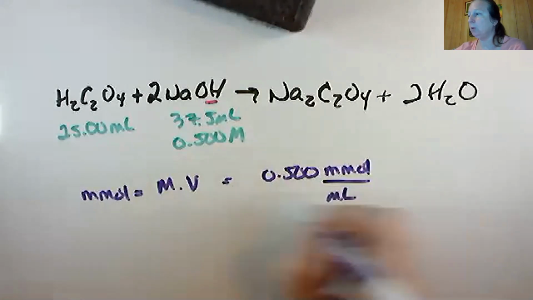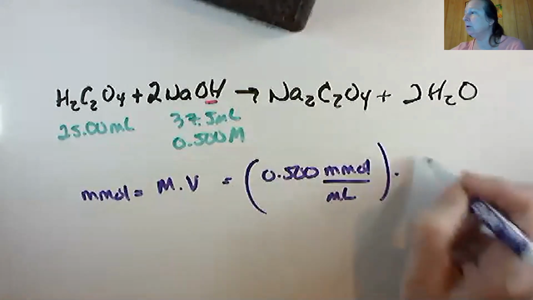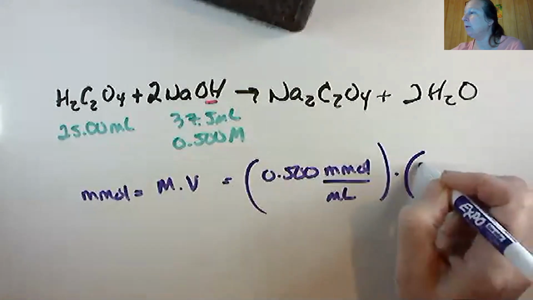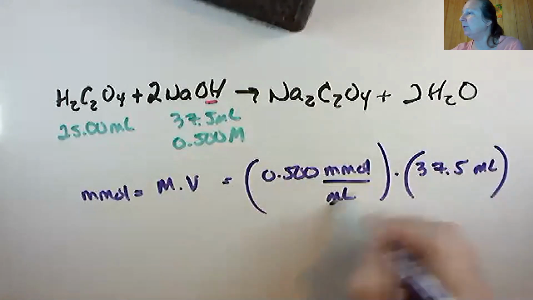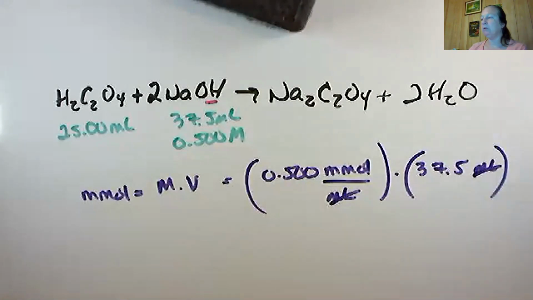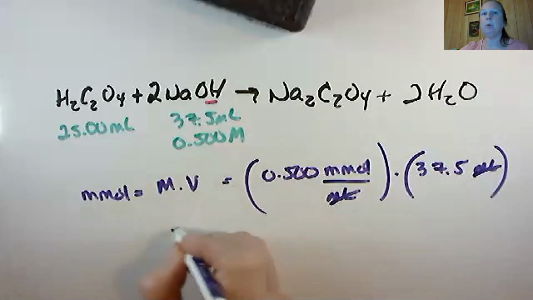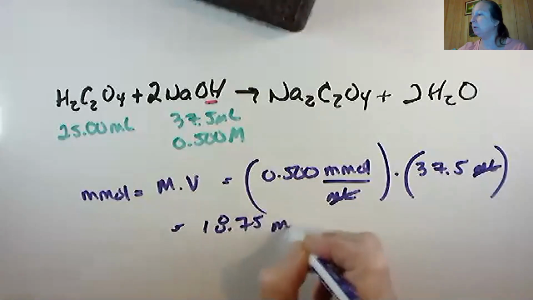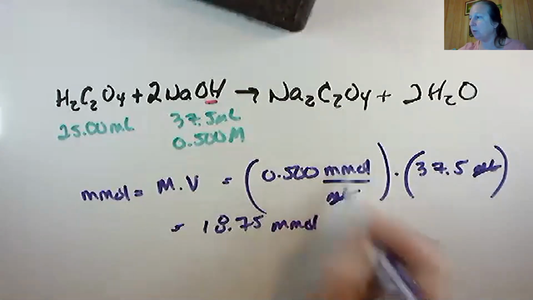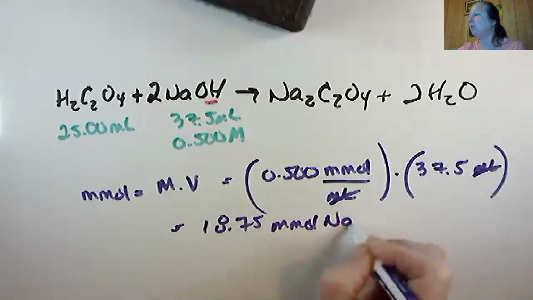That's the unit for the moles, and here's my volume. If you do that, your volume cancels out. I have milliliter top and bottom, so I can do that. And then I end up with 18.75 millimoles, okay? That's our unit that we kept, of sodium hydroxide.